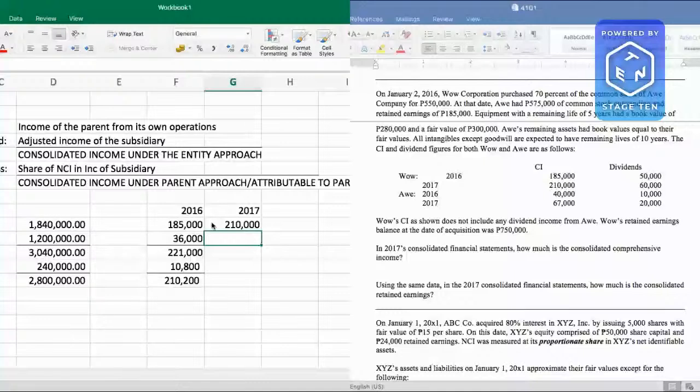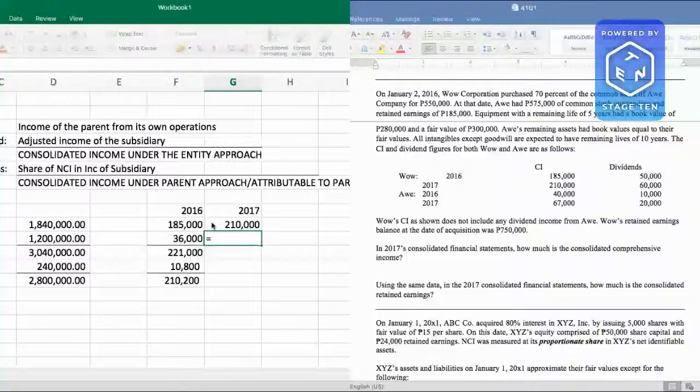Okay, is that what we are going to add with the 210,000? No, because the 67,000 is not yet the adjusted income. What adjustments do we need? The difference in the depreciation expense, or the amortization of the excess, in the amount of 4,000.